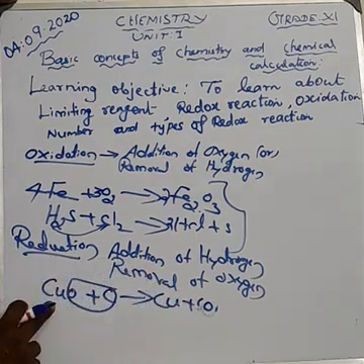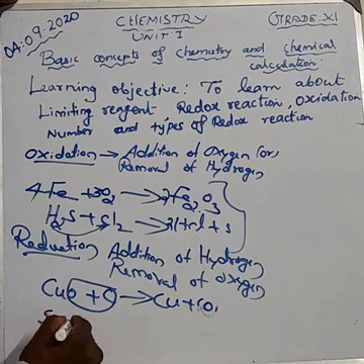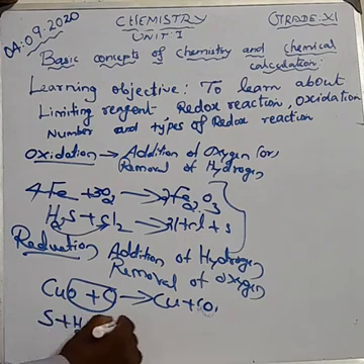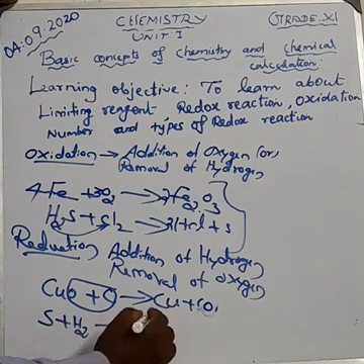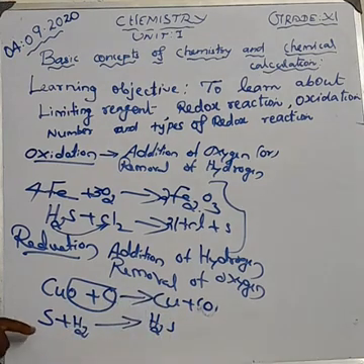So which reaction? It is a reduction reaction. And also sulfur reacts with hydrogen. What is the product? H2S. So it is an addition of hydrogen, which is also a reduction reaction.